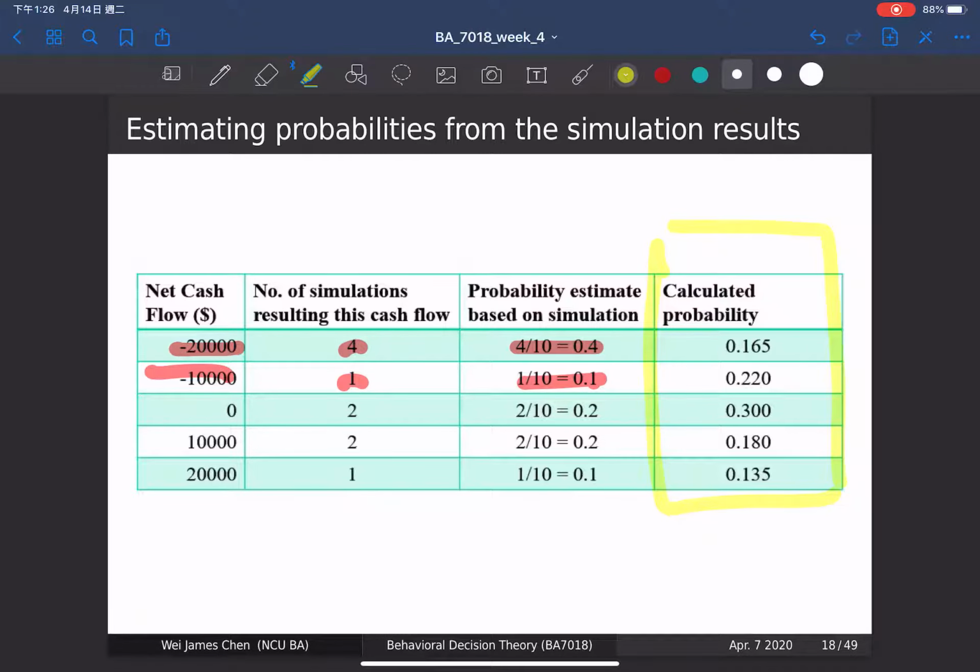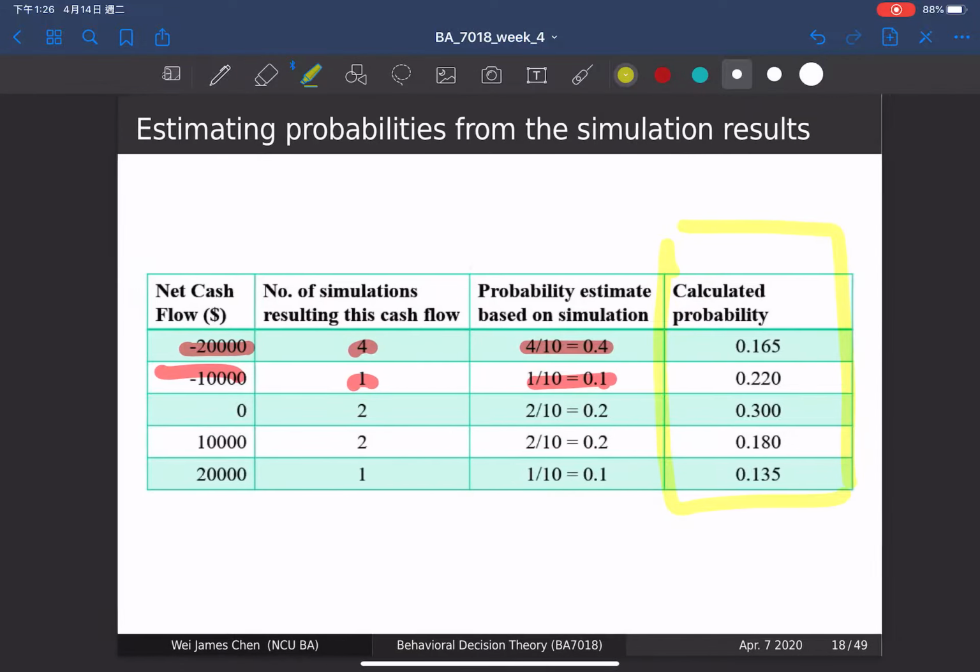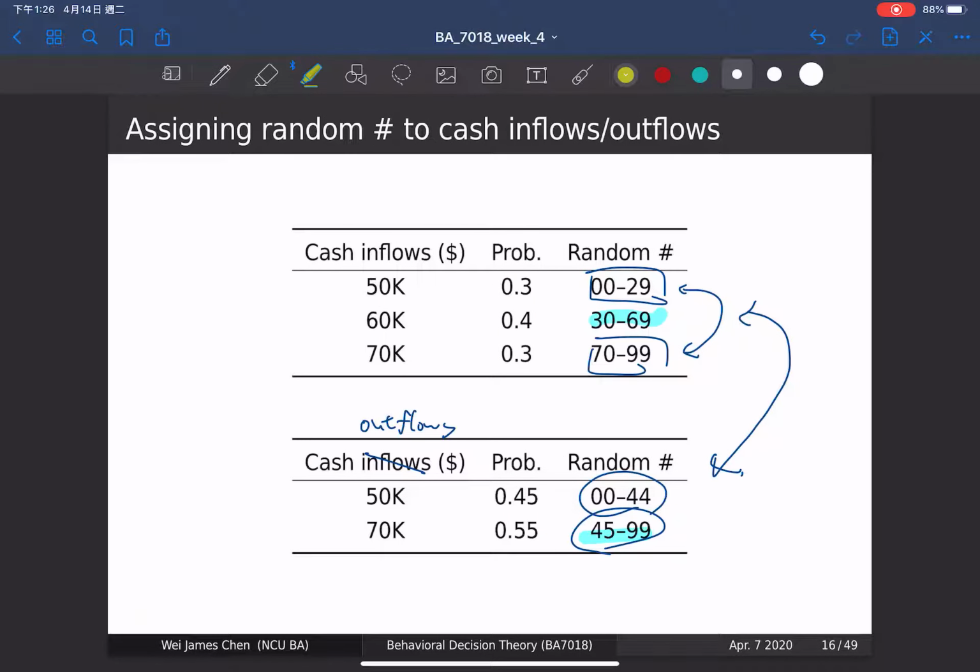Wait a minute. So first of all, do you know how we get the 0.165? How do we get a net cash flow of minus 20k? There's only one case where you can get that, right?